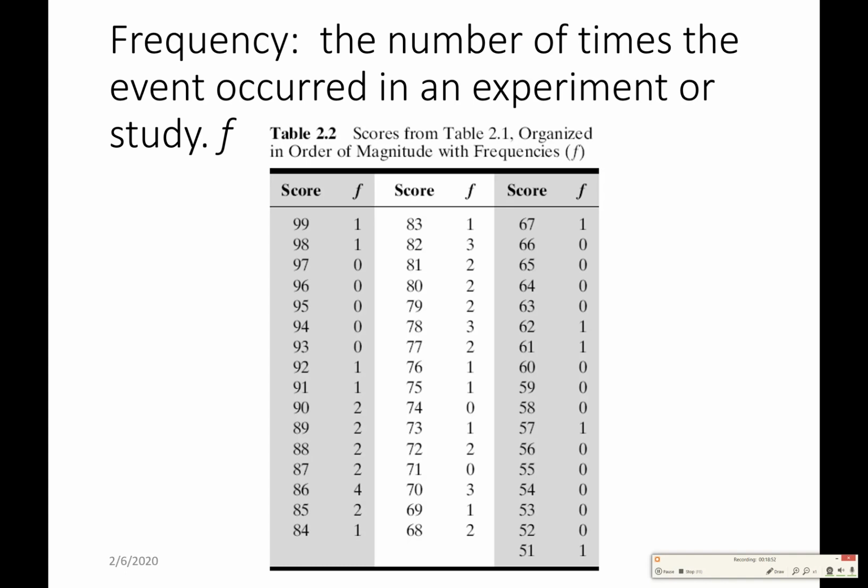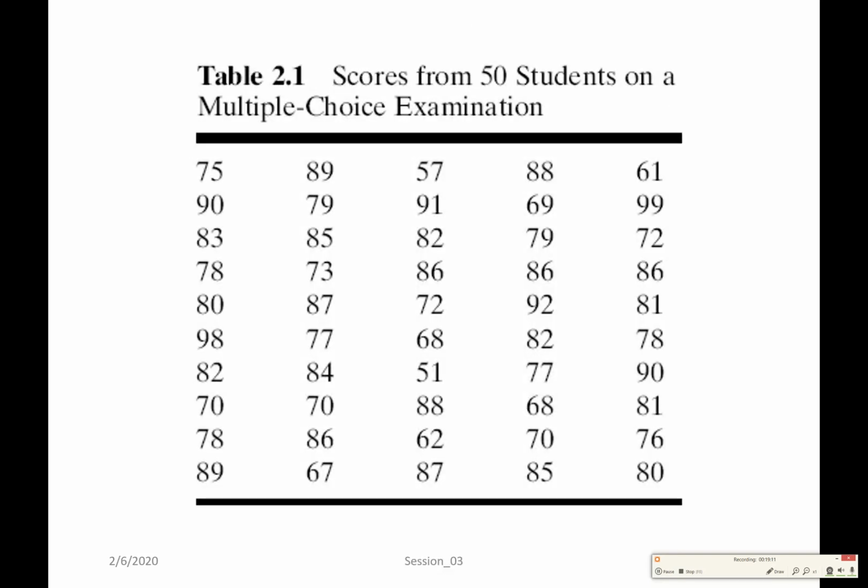And instead of documenting each number based on how many times it shows up, you create a frequency column, which is that italicized f there. So you get the score, and then you see how many times that score appeared in the data set.